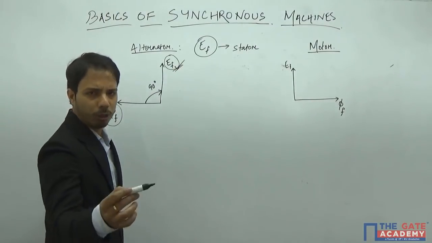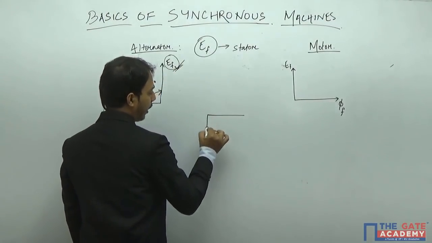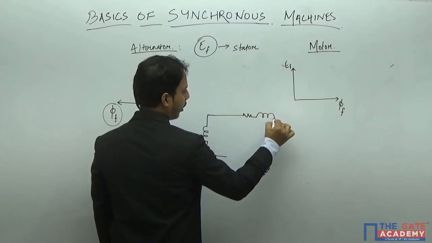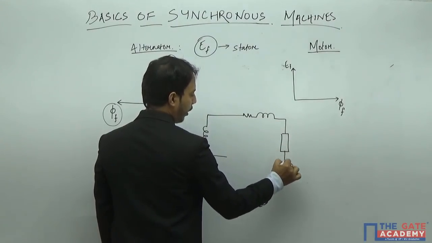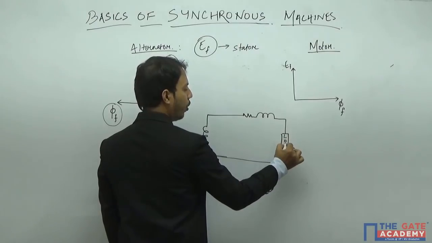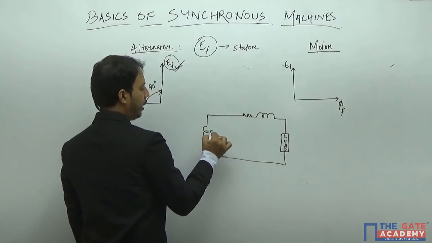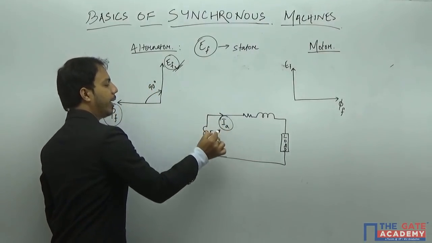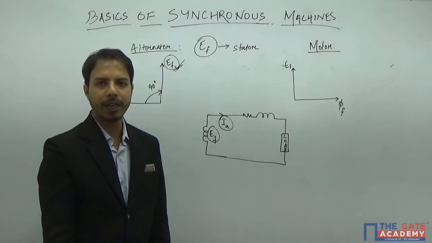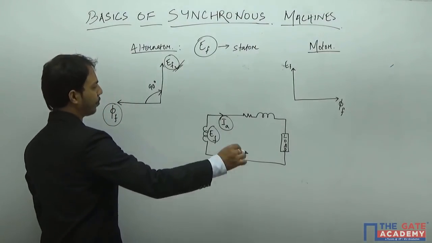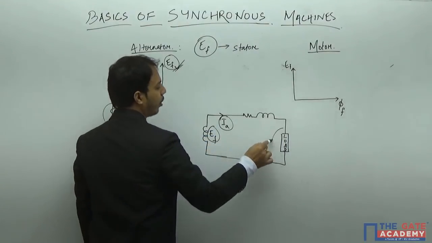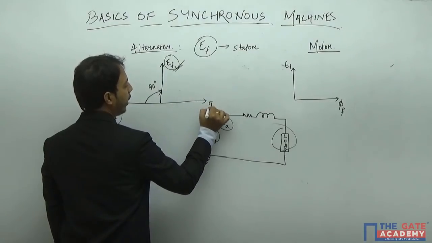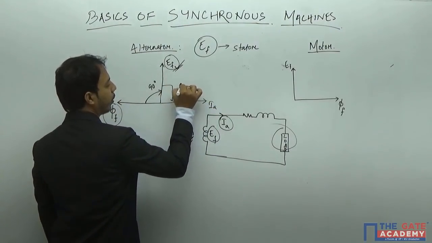We can draw the equivalent circuit of this synchronous machine, let us say an alternator, in this particular way. Suppose this is the load, this is my EF, and this is the current IA. Now suppose the angle between IA and EF is 90 degrees lagging because of this particular load. Okay, 0 power factor load is there. So this will be my IA, 90 degrees lagging.